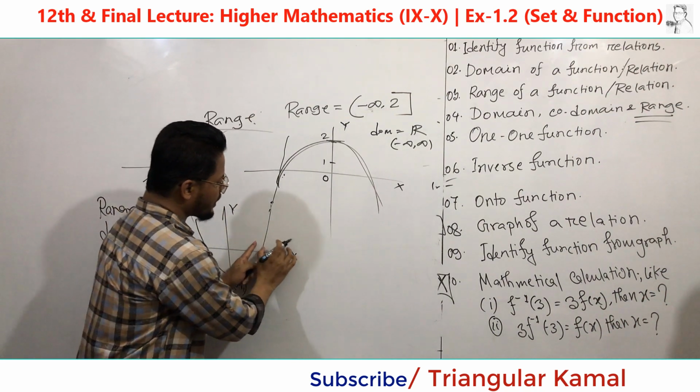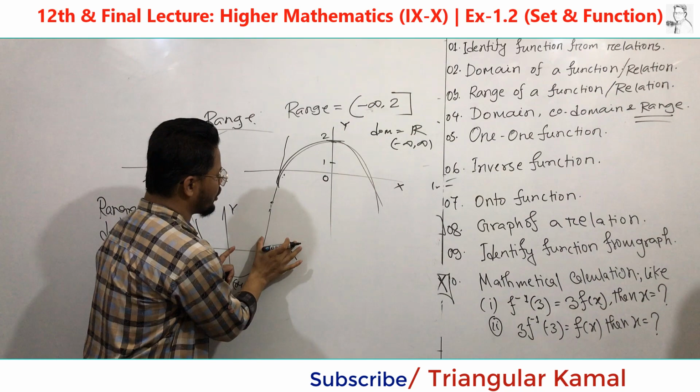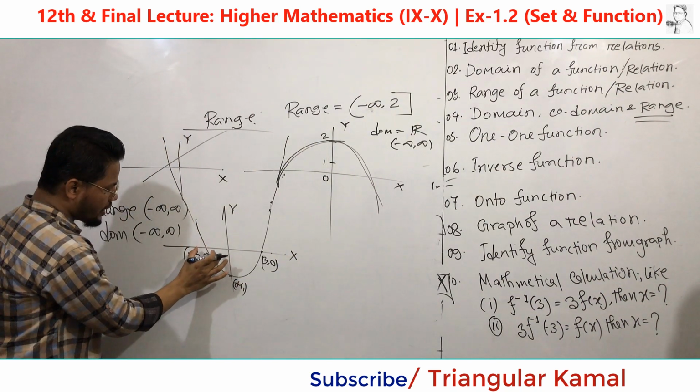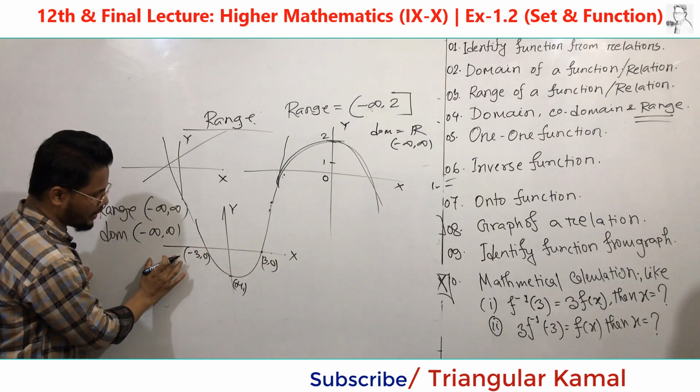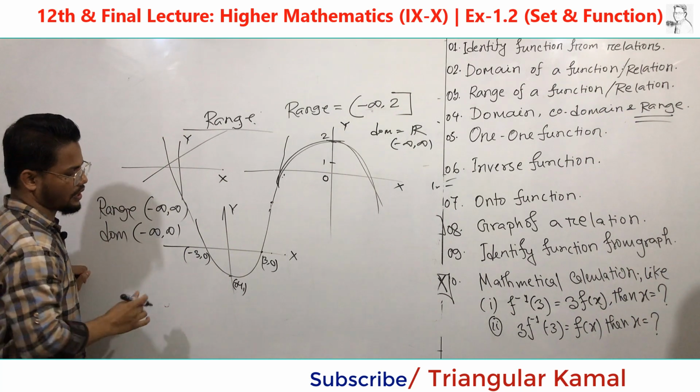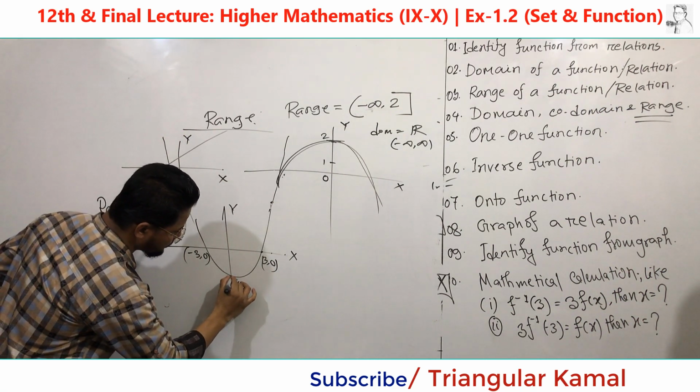So from the x side we can gradually increase the value of x, then we will get the positive value of y. And if we reduce the value of x, then we also will get the positive value of y. This graph indicates that.